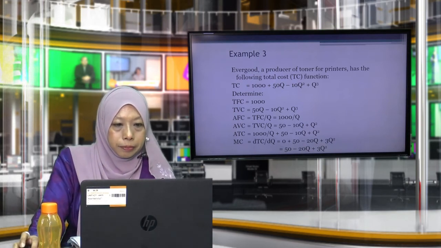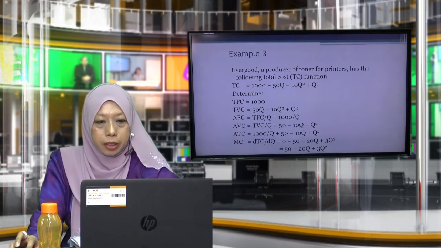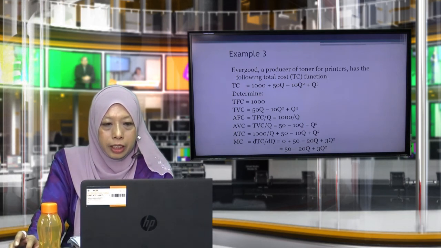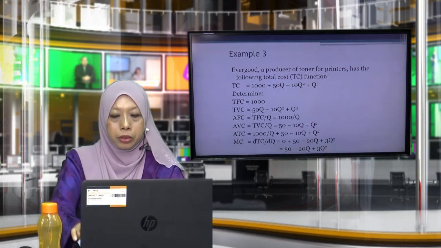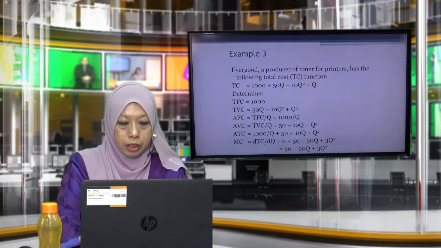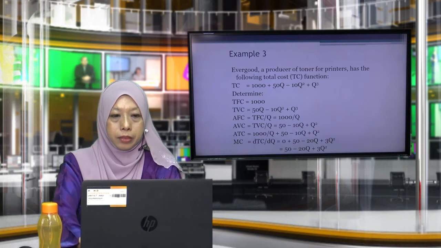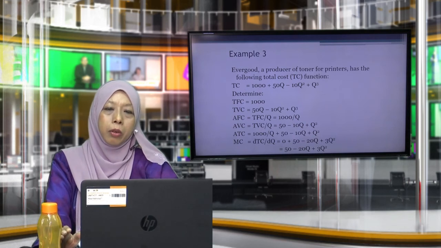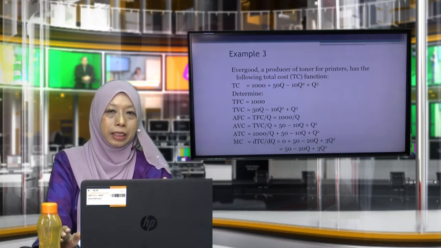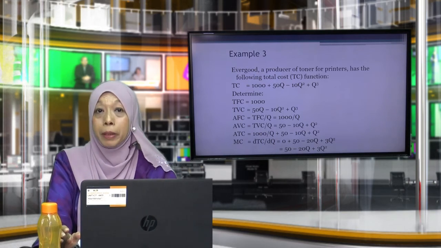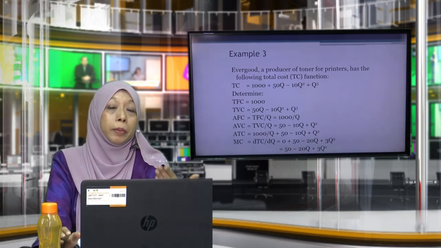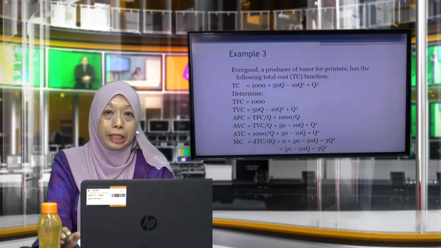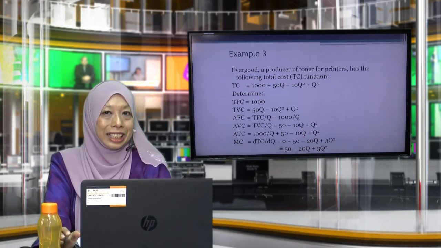So let's start with finding the value of Q when marginal cost is minimized. So how do you find Q when marginal cost is minimized? Now, when we talk about minimization or maximization, you know that we are talking about optimization. And when we want to optimize something, what do we need to do? We need to differentiate the function and set it equals to 0.